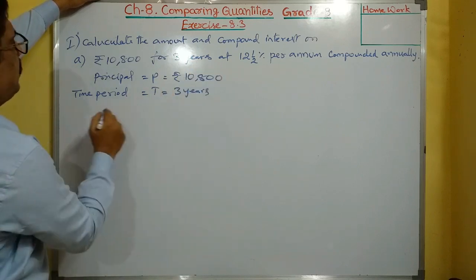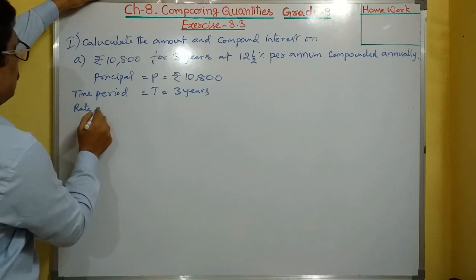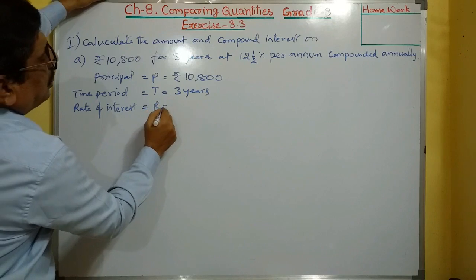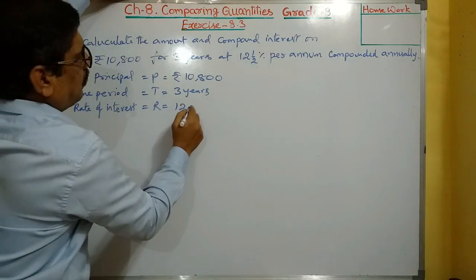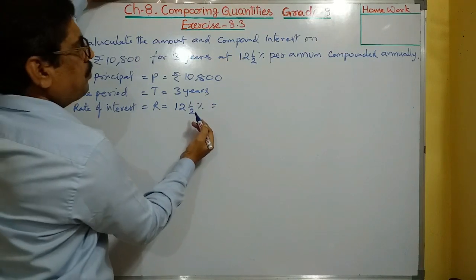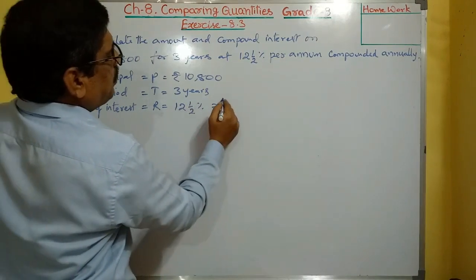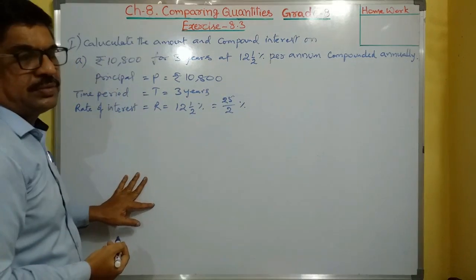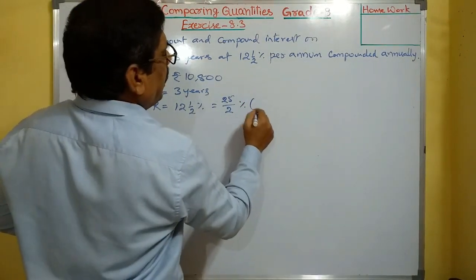Okay, and what is the rate of interest? Rate of interest R is equal to 12.5%. So it is a mixed fraction, we can convert it into an improper fraction: 12 into 2 is 24 plus 1, 25/2% per annum.